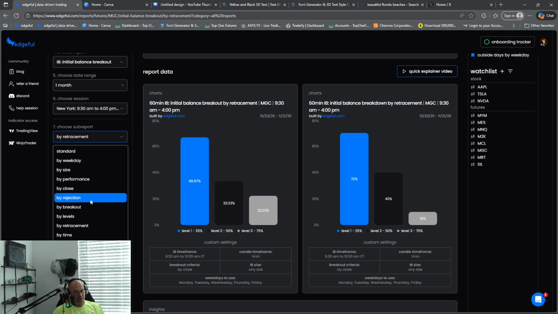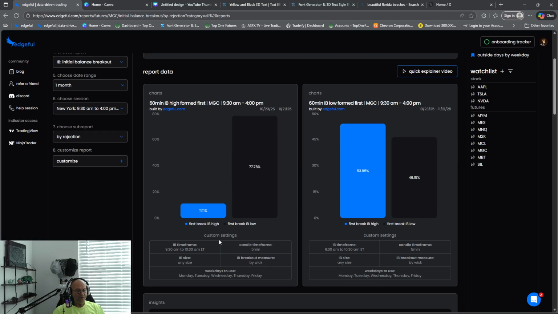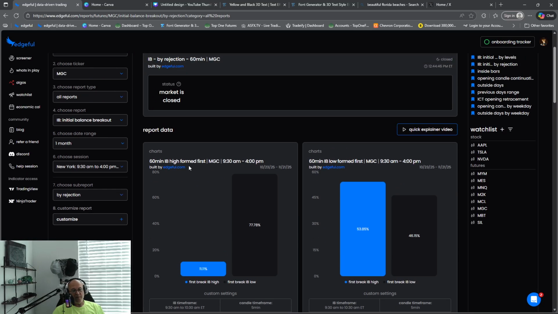All right, let's move along because we're getting a little long in the video. So if we know the retracement, let's go by rejection. So when the IB high is formed first on gold, so price pushes up and then comes down to create the initial balance, the first break is to the low side 77% of the time.